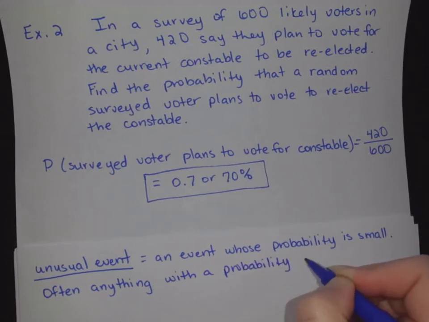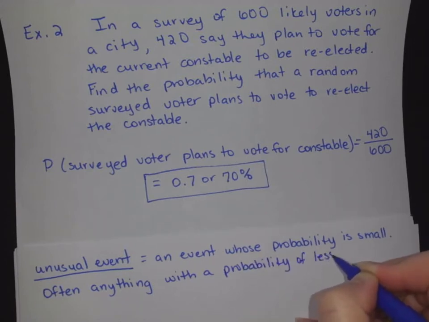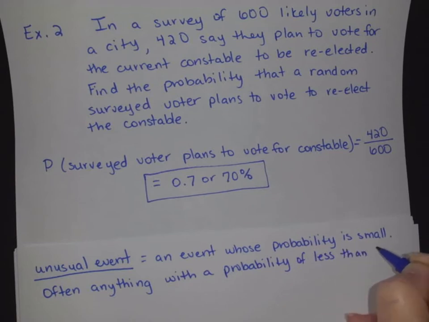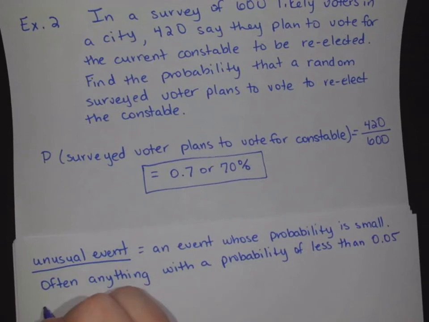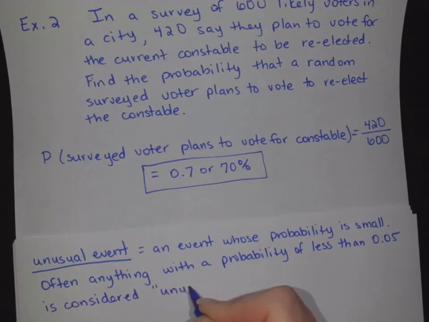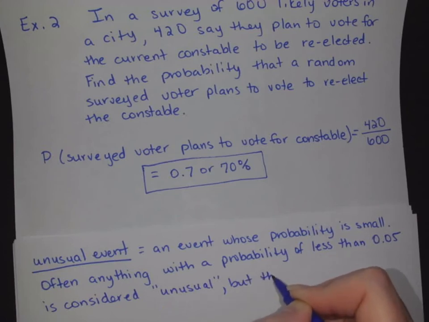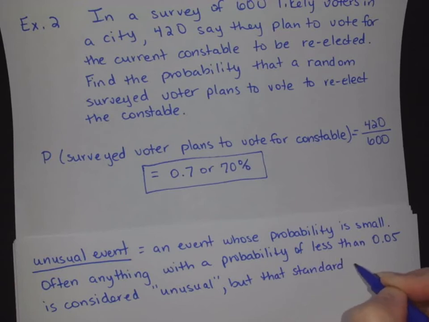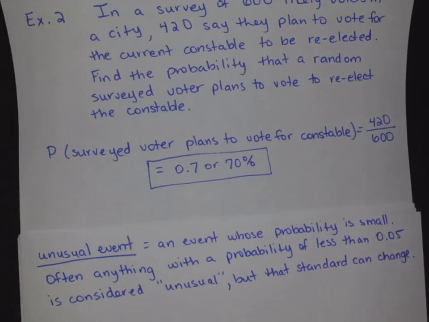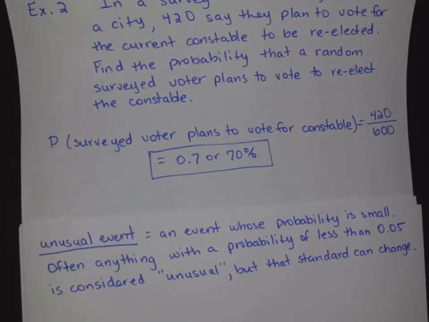There might be some instances, though, where you would want to be more or less specific than that. But often anything with a probability of less than 0.05 is considered unusual. But that standard can change. So just know that that's kind of a moving target.